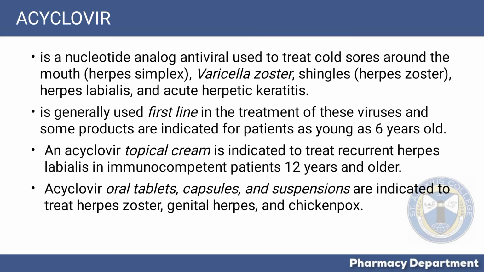The topical cream acyclovir is indicated to treat recurrent herpes labialis in immunocompetent patients 12 years and older. Oral tablets, capsules, and suspensions of acyclovir are indicated to treat herpes zoster, genital herpes, and chickenpox.